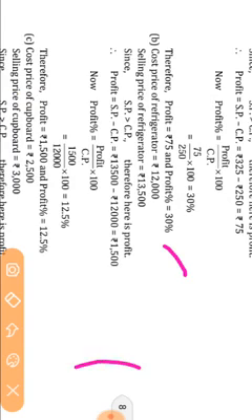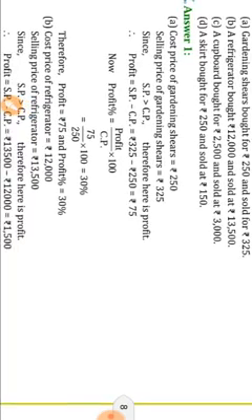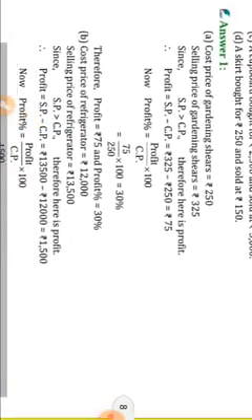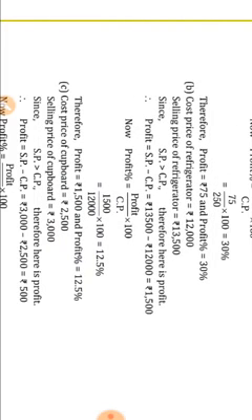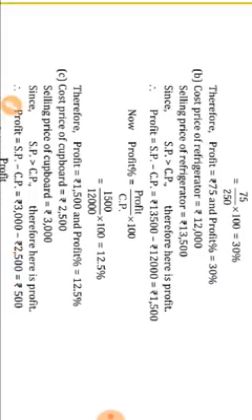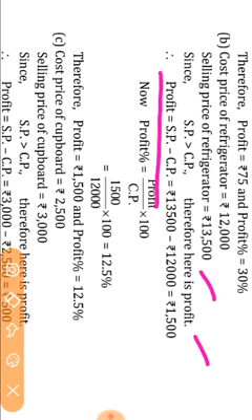So the next one is a transaction. A refrigerator bought for 12,000 and sold for 13,500. See, cost price of the refrigerator is 12,000 and selling price is 13,500. Here the selling price is more, therefore it is also a profit. So you got a profit of 1,500 rupees.